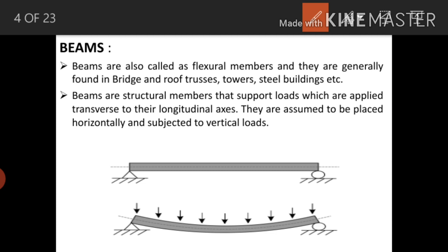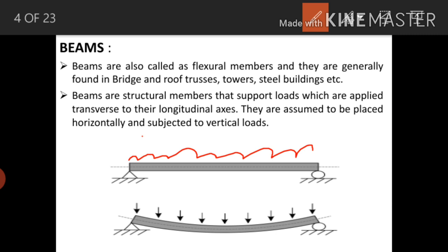Like this, the load will be acting on the beam, which subjects the beam to stress. Hence a beam is subjected to bending action. The bending, as I said, is nothing but a state of stress.